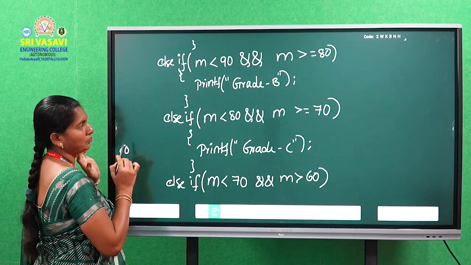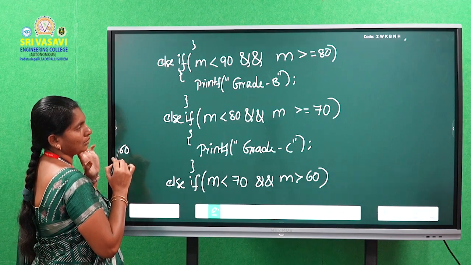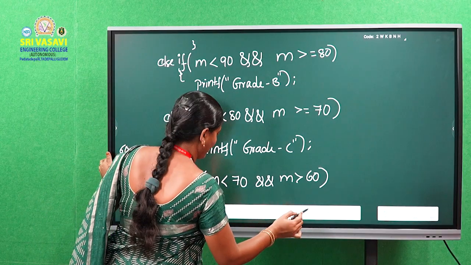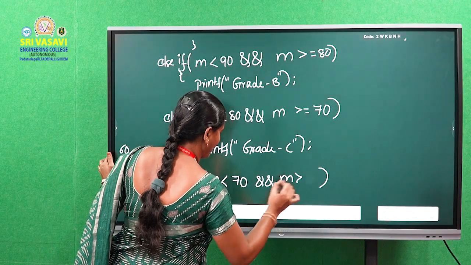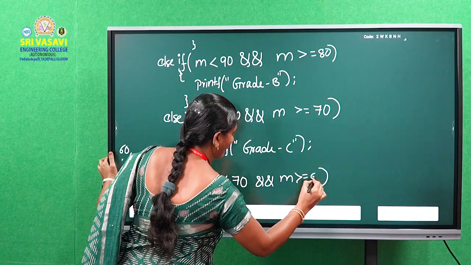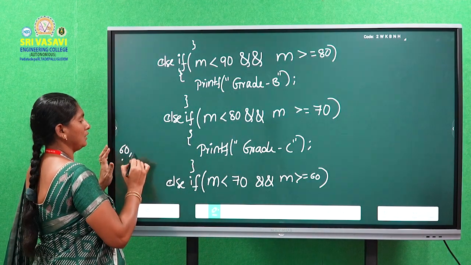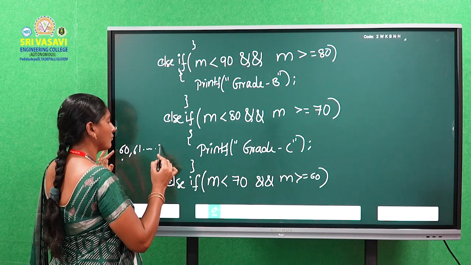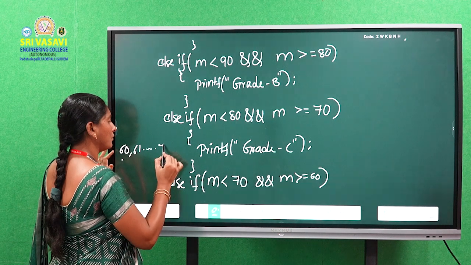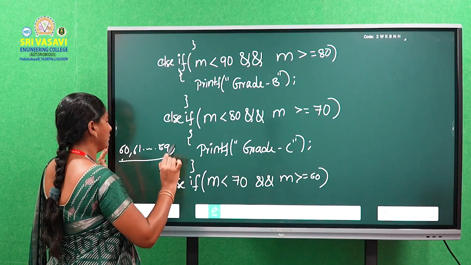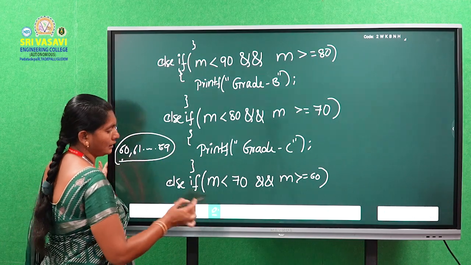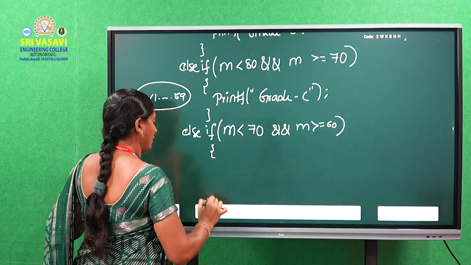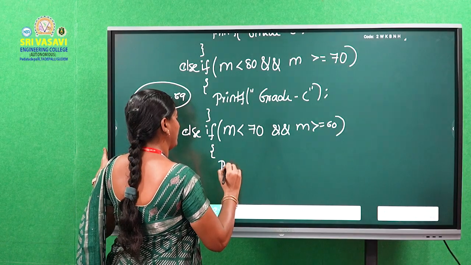His marks are from 60, 61 and so on up to 69. If the marks range is like this, I want to print grade B.